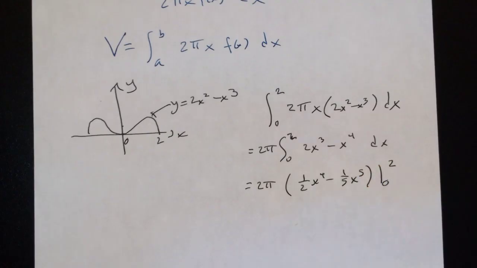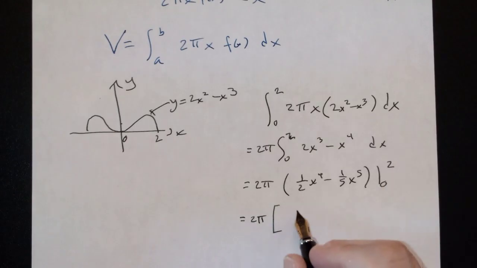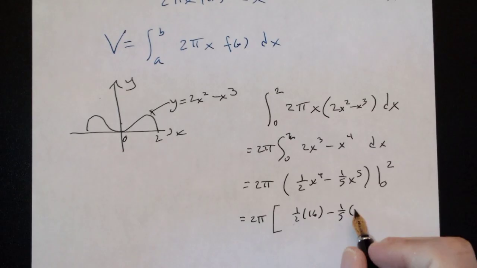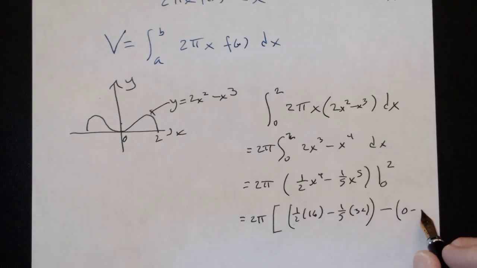It's 2/4, so I might as well simplify it to 1/2 x to the 4th. Plug in 2, plug in 0, subtract, multiply by 2 pi. Put in 2. 1/2 of 16 minus 1/5 of 32. Put in 0. 1/2 of 0 minus 1/5 of 0.